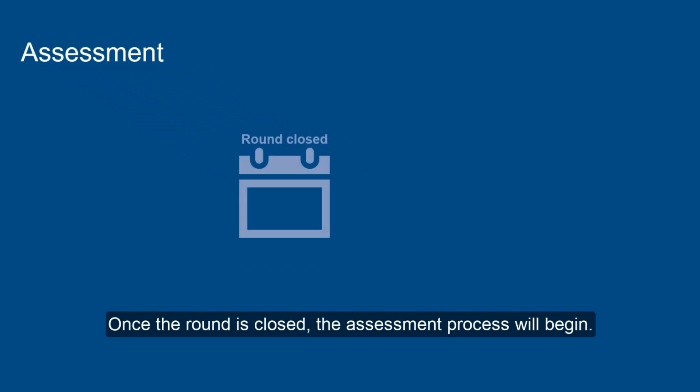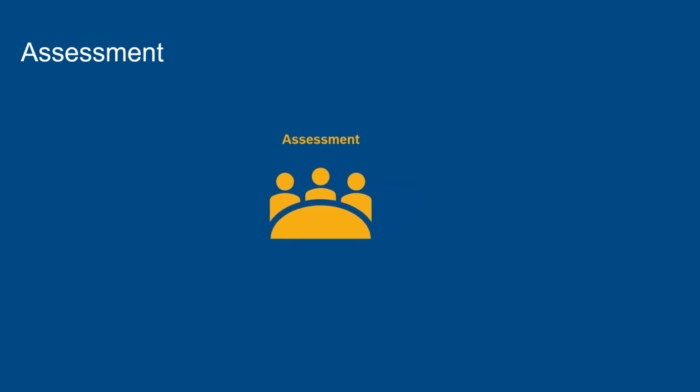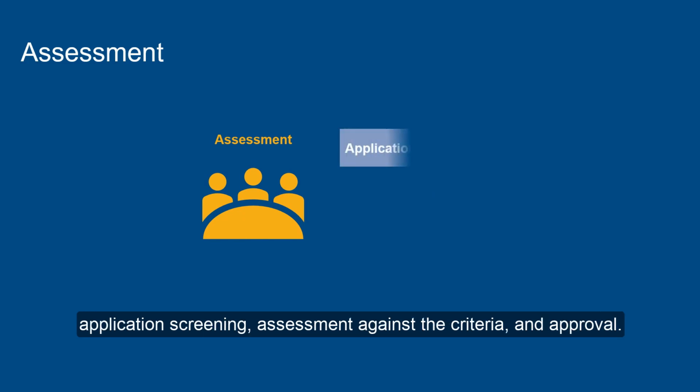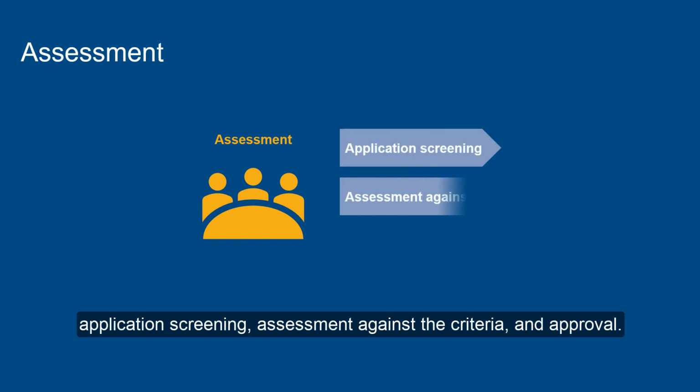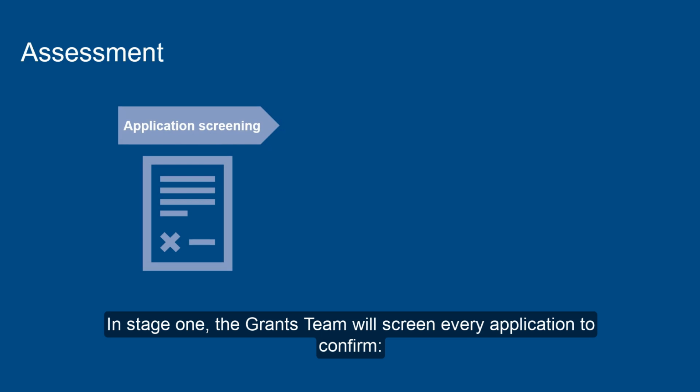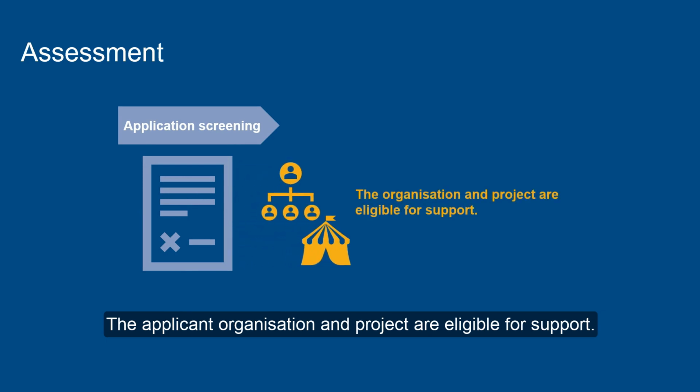Once the round is closed, the assessment process will begin. The Multicultural Affairs assessment process has 3 stages: application screening, assessment against the criteria, and approval. In Stage 1, the grants team will screen every application to confirm the applicant organization and project are eligible for support.